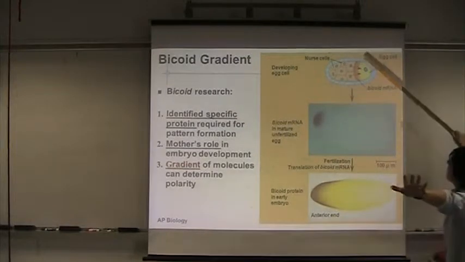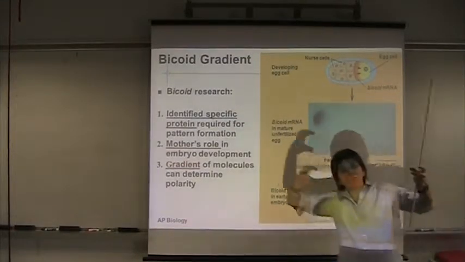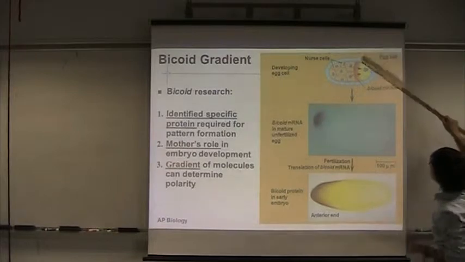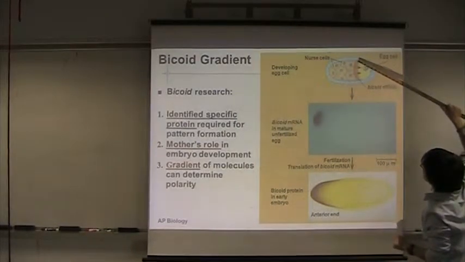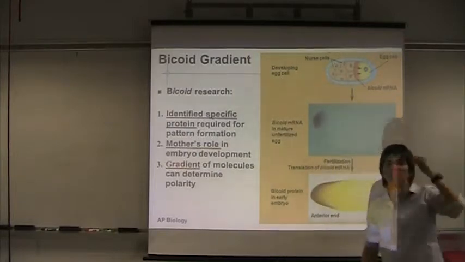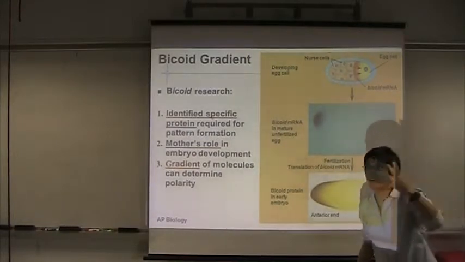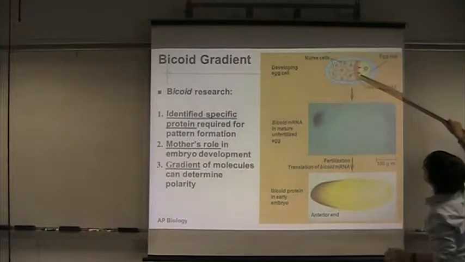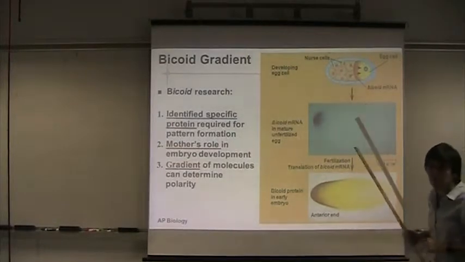But since this is diffusion, it just moves. If they are being produced here, notice what part of the egg will have the highest concentration of this bicoid messenger RNA. Obviously, the part closer to these cells.